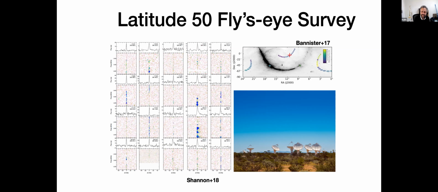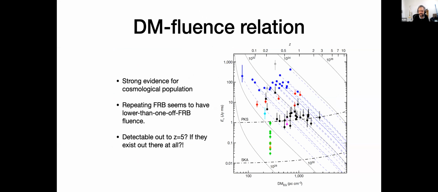So yeah, we found these 20 or so FRBs. And Ryan did a really nice piece of analysis that you can see here, where we compared the dispersion measures and the fluences of these bursts with the dispersion measures and fluences of the Parkes bursts. Parkes is a more sensitive telescope, so it can measure fainter bursts.